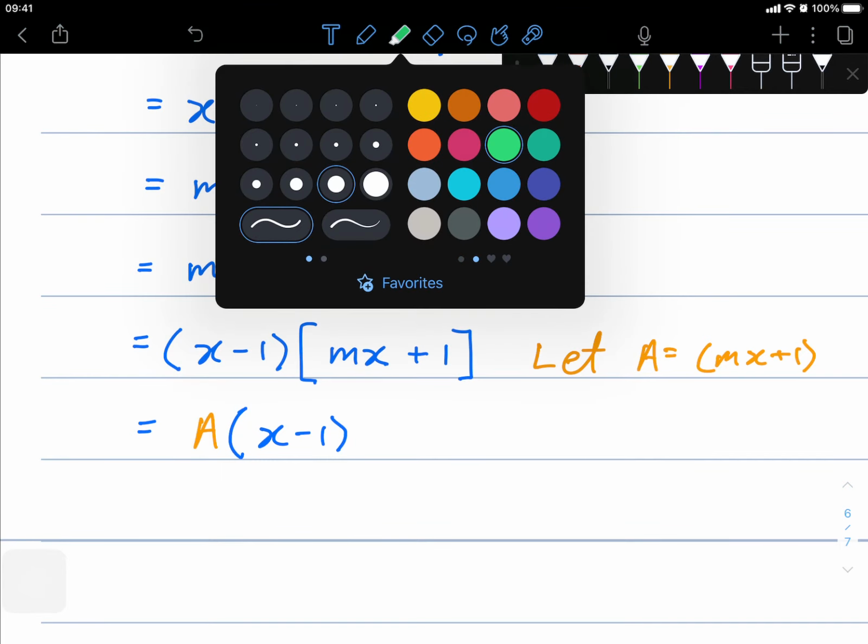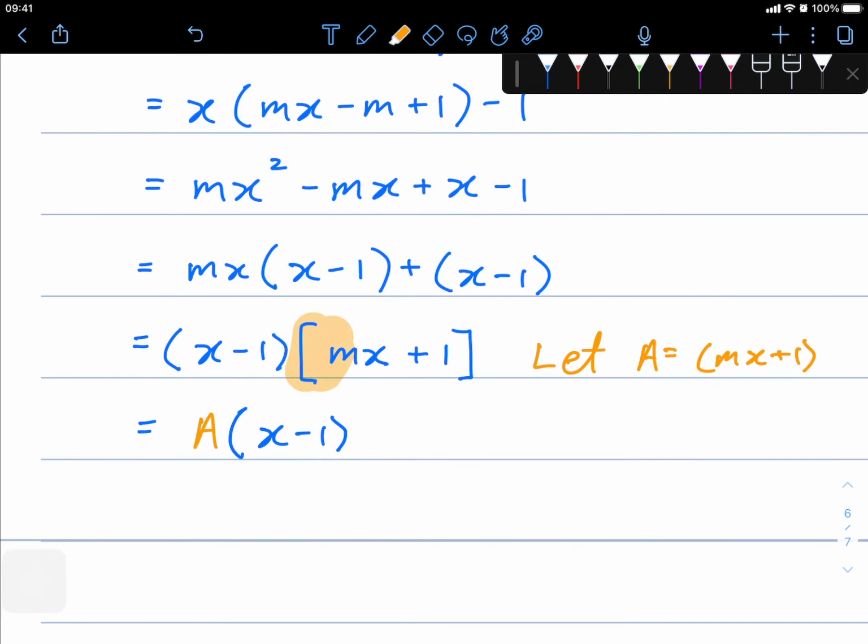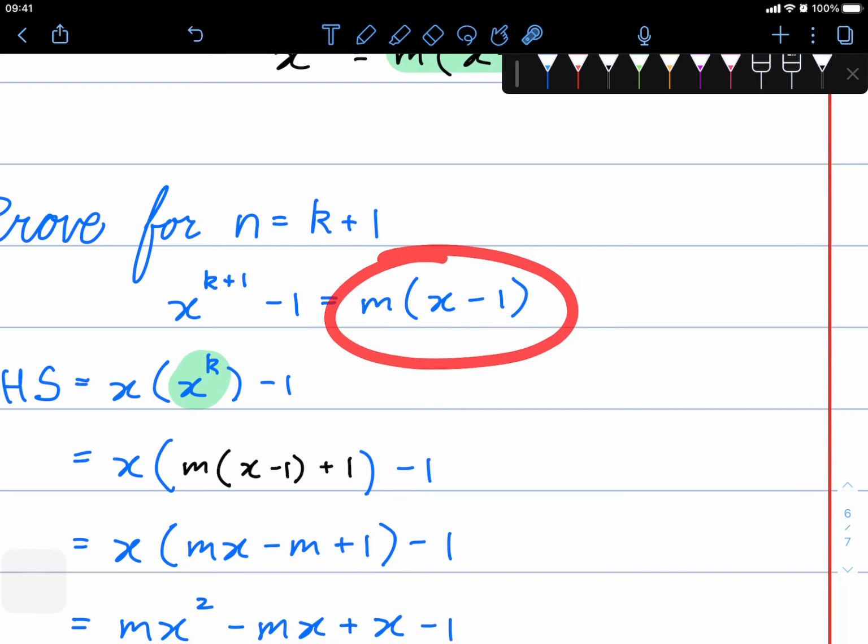So this entire expression here is now A, and that looks just like this one here.